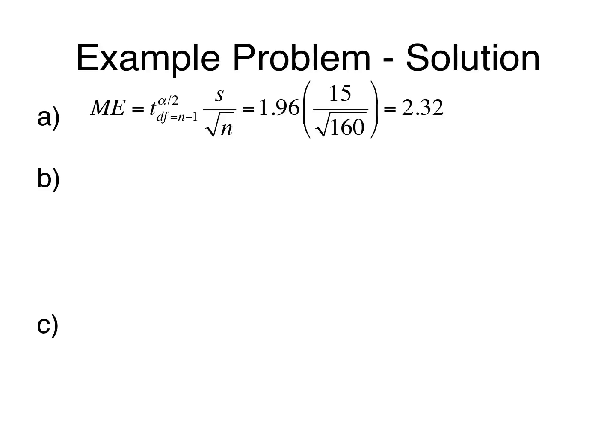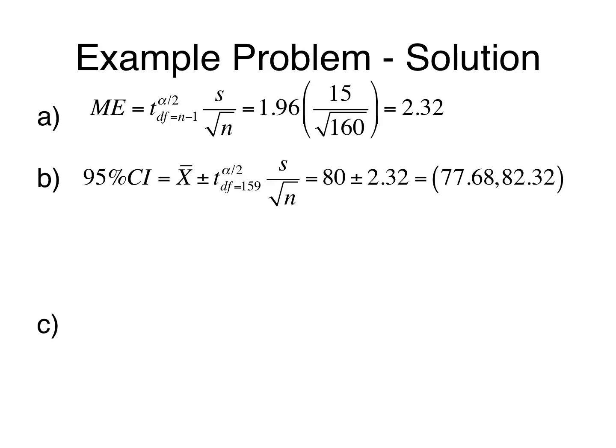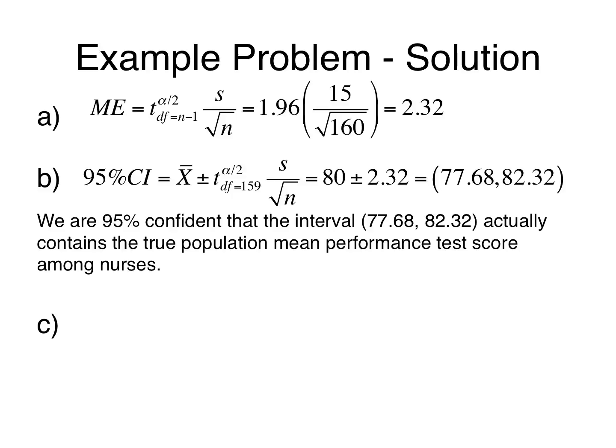We then take our sample mean of 80 and add and subtract our margin of error from this value. And this gives us a 95% confidence interval of 77.68 to 82.32. And we interpret this as we are 95% confident that this interval actually contains the true population mean performance test score among nurses.